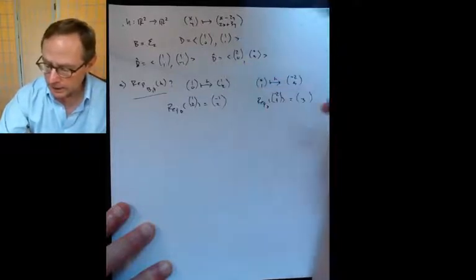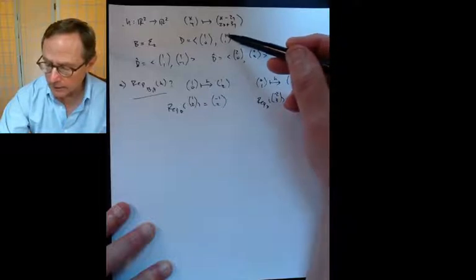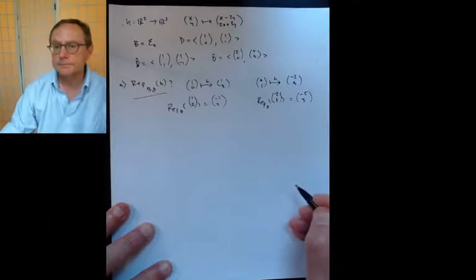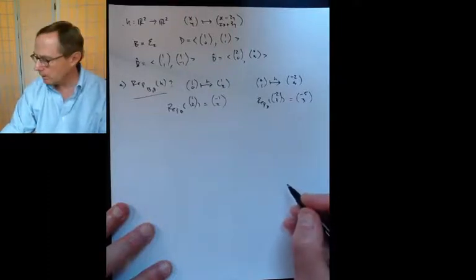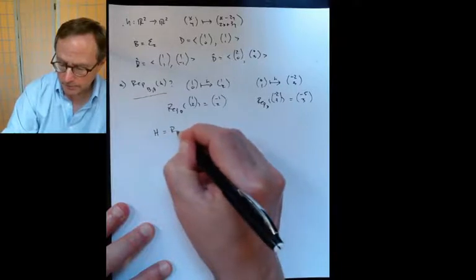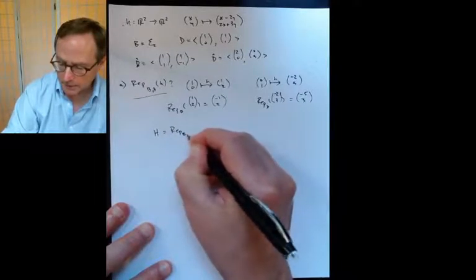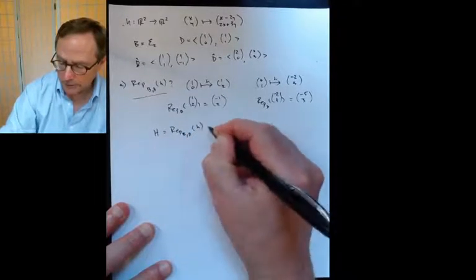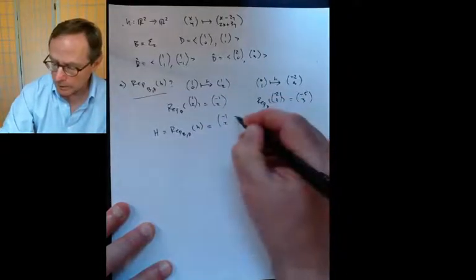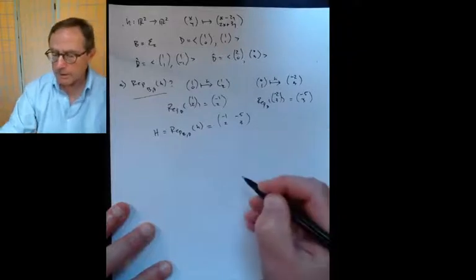Once you multiply the second vector by 3, then you have a 3 up there. In order to end up with a total of minus 2, you need minus 5. Okay, so H here, which is the representation with respect to B comma D of lowercase h, you stuff those into columns, minus 1, 2, and minus 5, 3, in the right order.